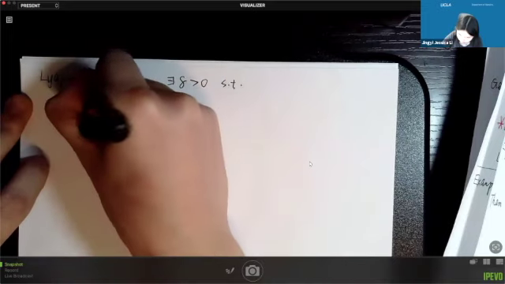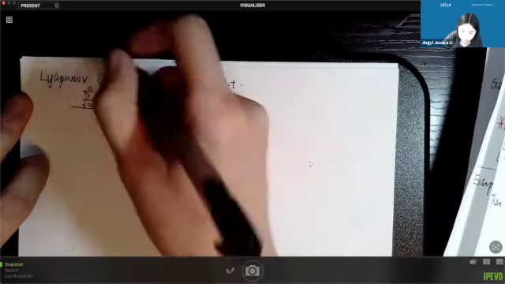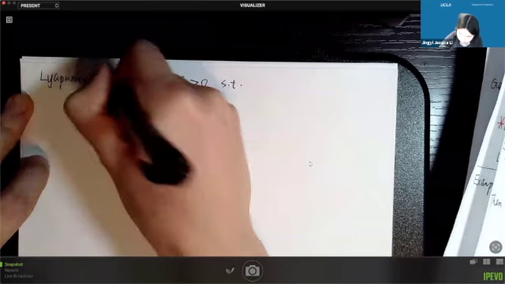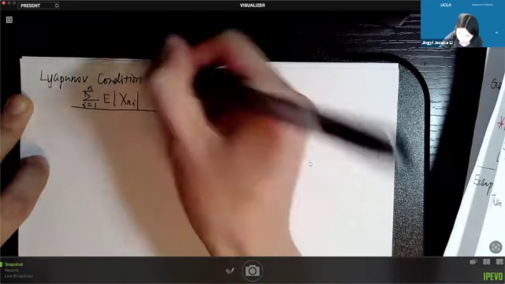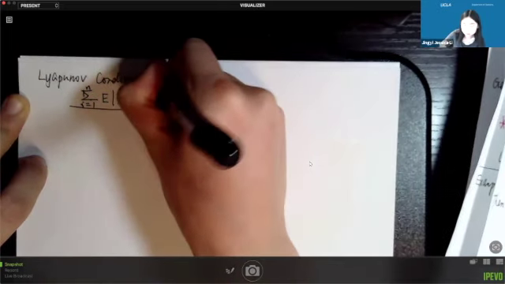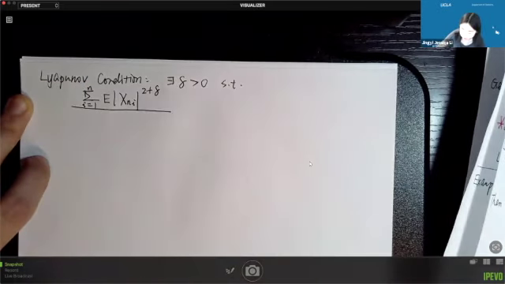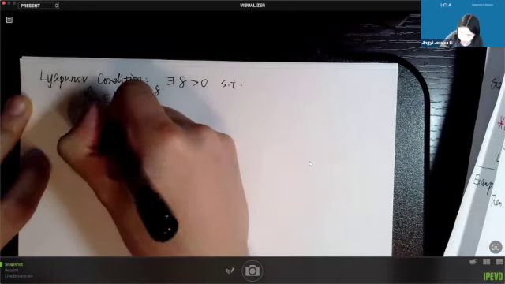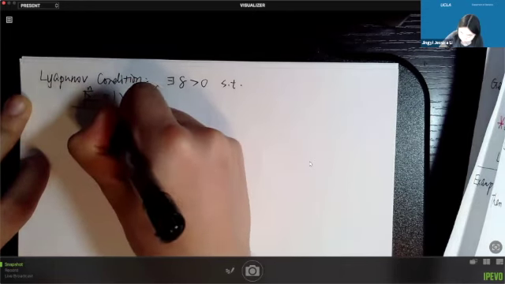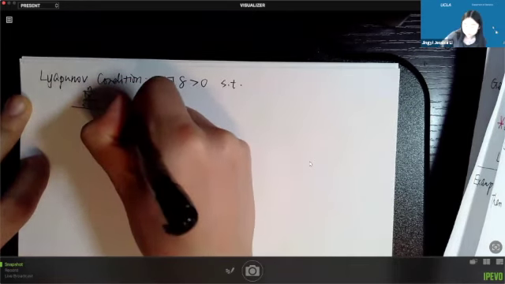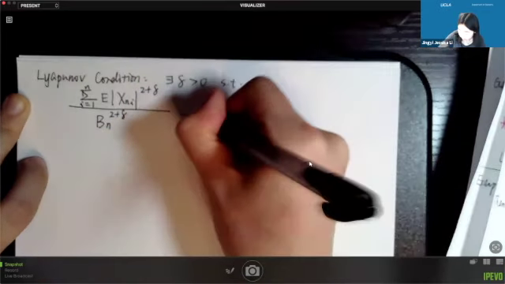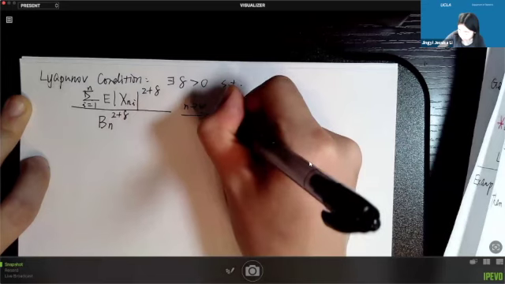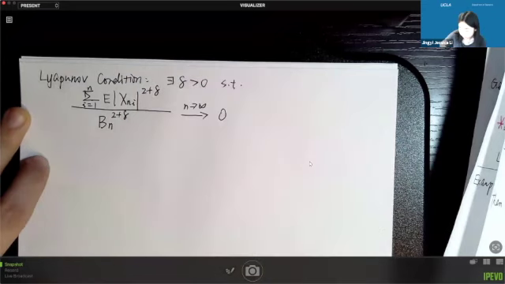In the numerator is the sum from i equals 1 to n of the expectation of |X_ni| to the power 2 plus delta, right? It's a power greater than 2. In the denominator is B_n to the power 2 plus delta. So if you can show that this converges to 0 as n goes to infinity, you're done.